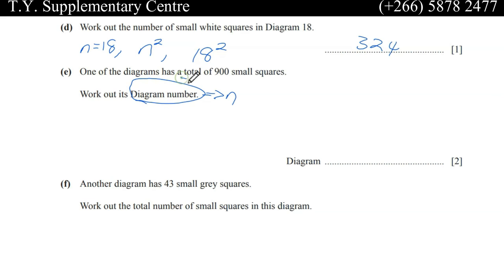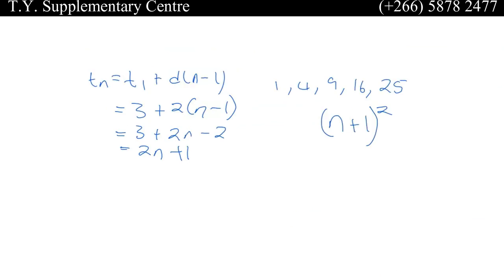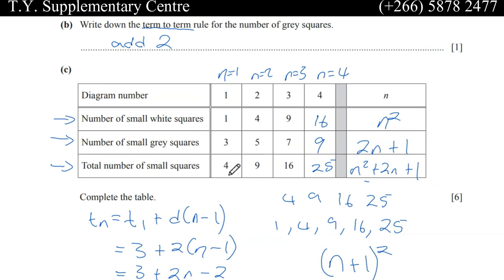For this sequence, the total number of small squares, remember, it's this sequence here, 4, 9, 16 and 25.